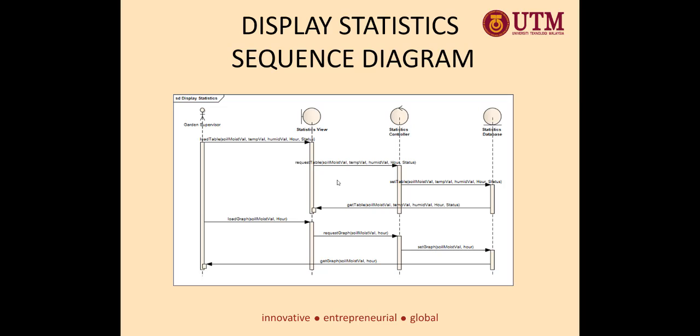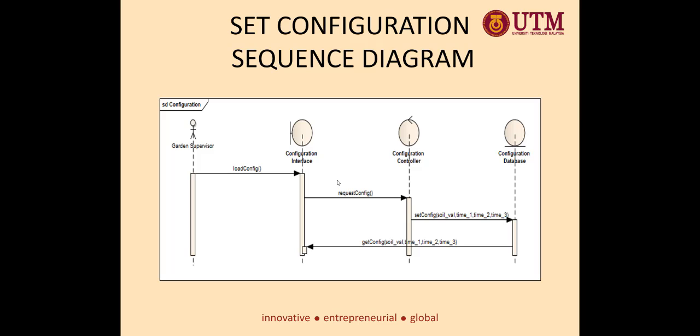This is the display statistics sequence diagram. So the web application will automatically request all the data that have been gathered in the database and display it in a line graph on the web application system. And this is the set configuration sequence diagram.